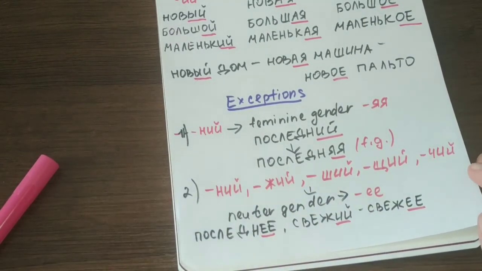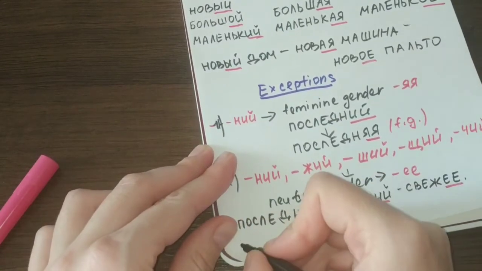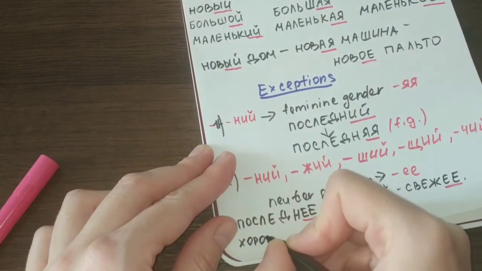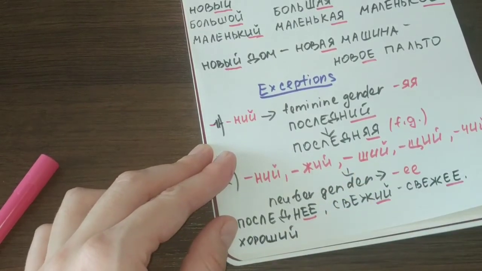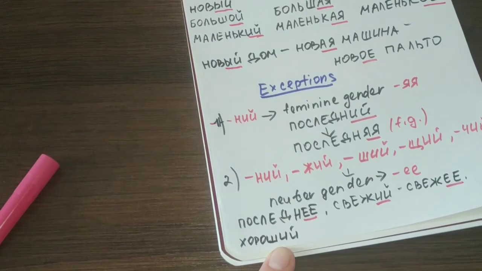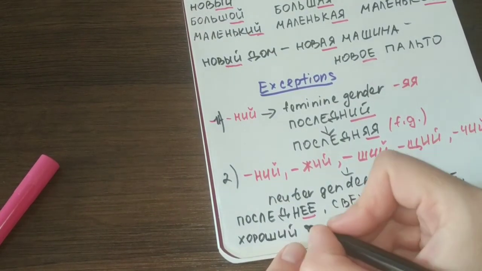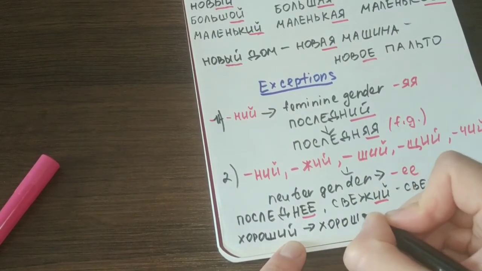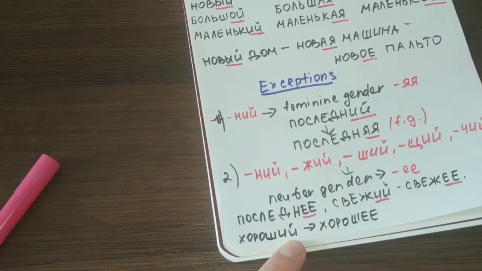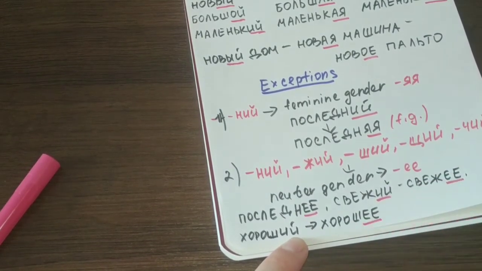Next, let's have the ending -ший, and we'll take this adjective in the masculine gender, which is хороший, meaning good, and in the neuter gender it will be хорошее.